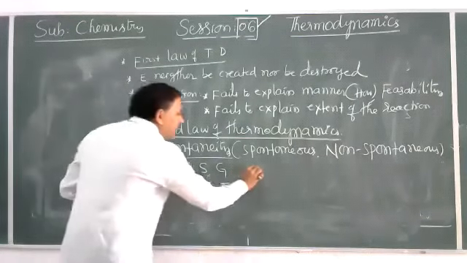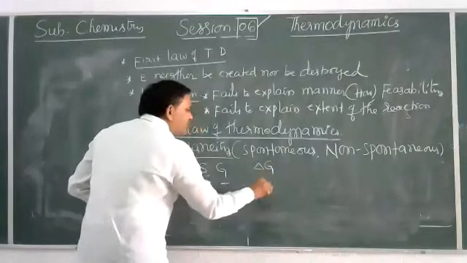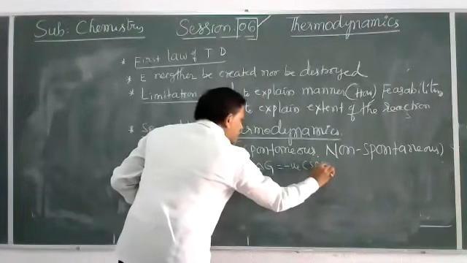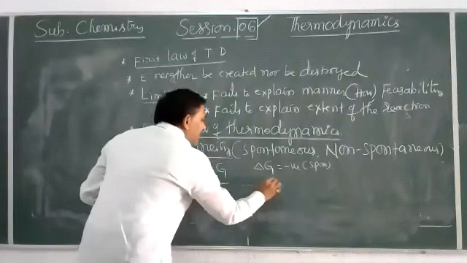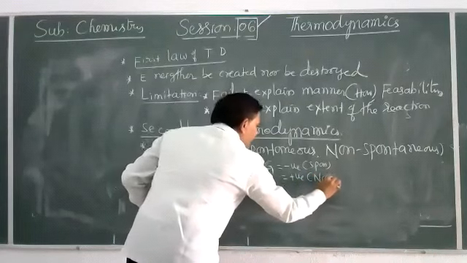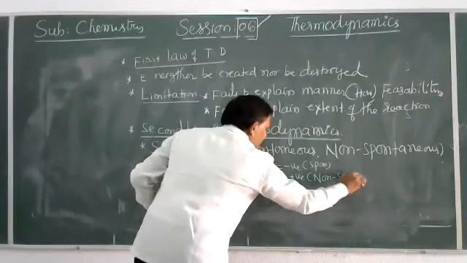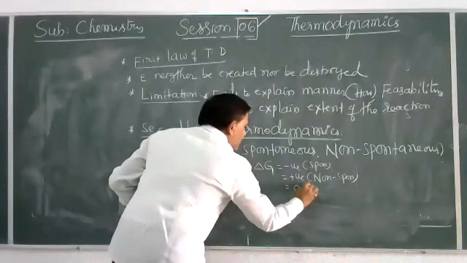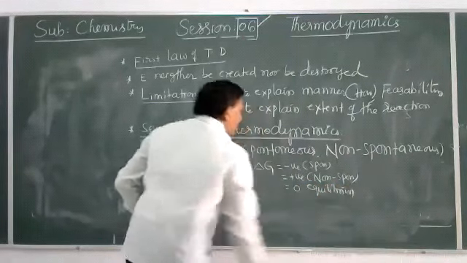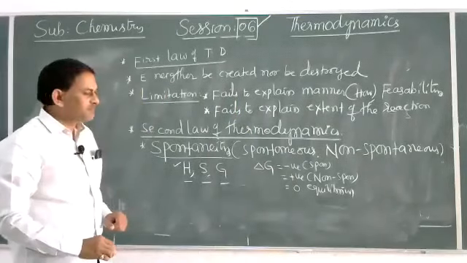Final conclusion: delta G equal to negative is spontaneous. Delta G equal to positive is a non-spontaneous process. Delta G equal to 0 is an equilibrium process. The process is at equilibrium.